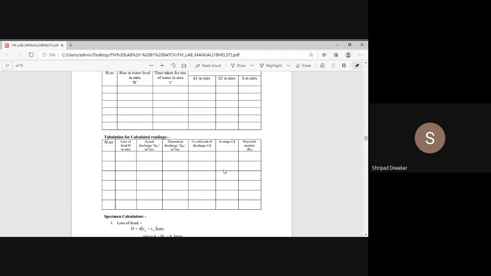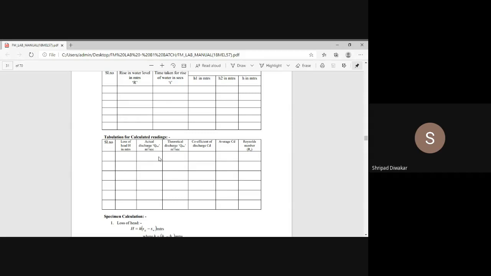A1 is the area of the pipe at main section. A2 is the area of the pipe at the throat section. Next, capital H is your head, that is small h into (Sg minus Sw), divided by square root of (A1 square minus A2 square).